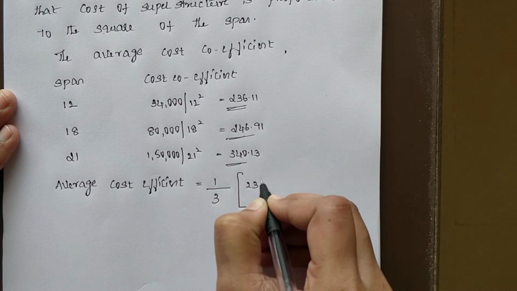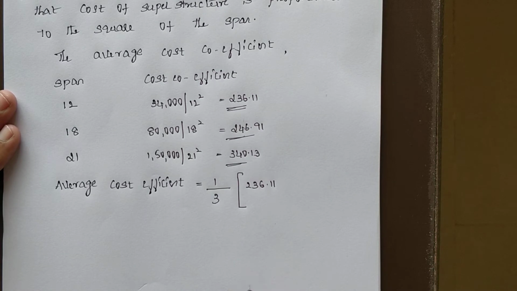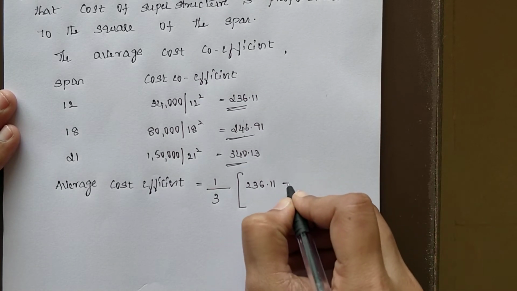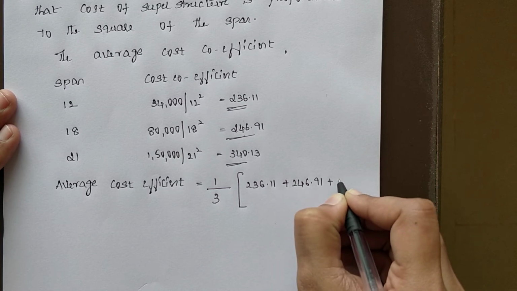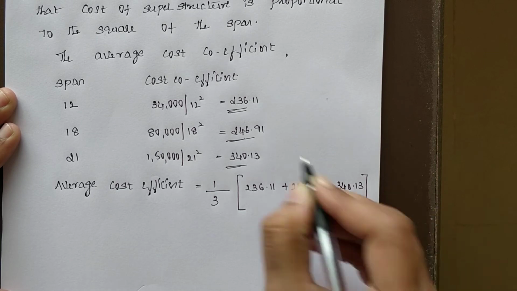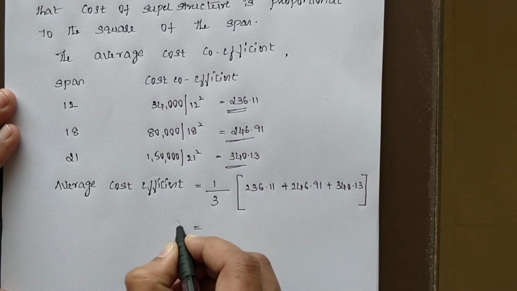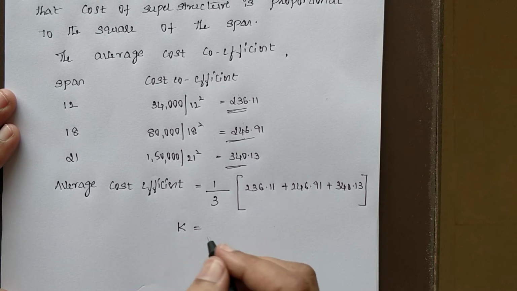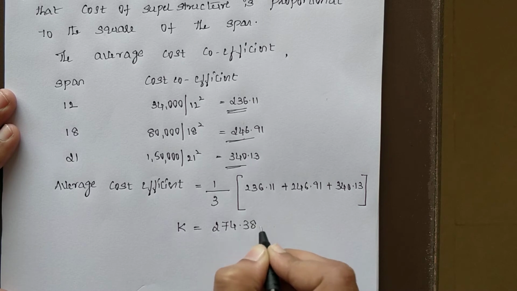So 236.11 plus 246.91 plus 340.13, divided by 3. You will get the average cost coefficient as 274.38.